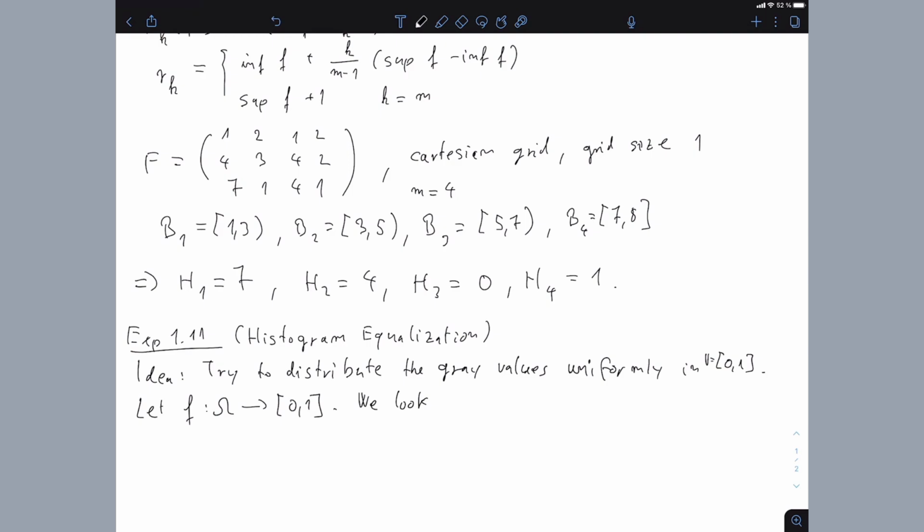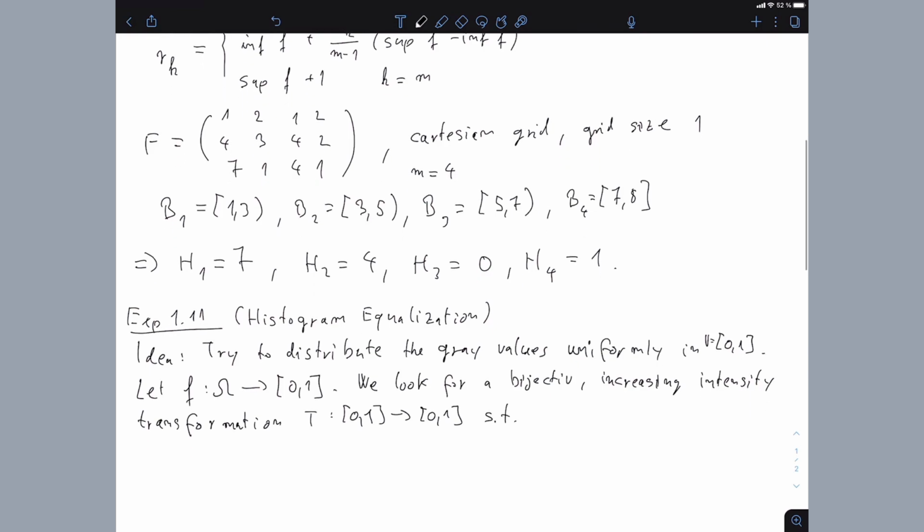This means in particular we look for a bijective, increasing intensity transformation T that maps our given values to other values. And of course, we need to combine this with a condition on the CDF.